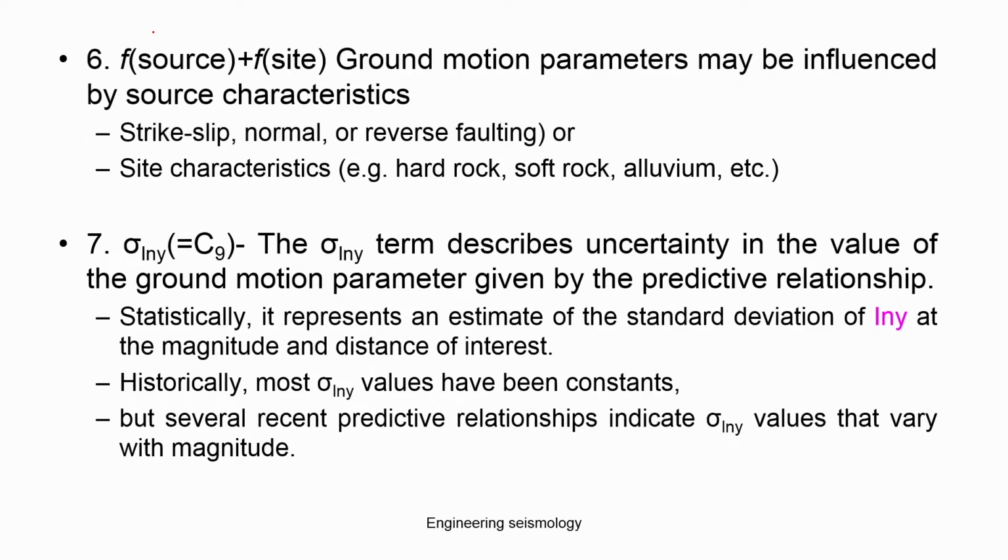The 7 is basically sigma ln y. So, this is the term describing the uncertainty in the ground motion parameter given by the predictive equation, the error term. Okay. Statistically, it represents an estimated standard deviation of ln y at the magnitude and distance of interest. Historically, the sigma ln y values have mostly been constant, but several recent predictive equations indicate that the sigma ln y values vary with the magnitude.